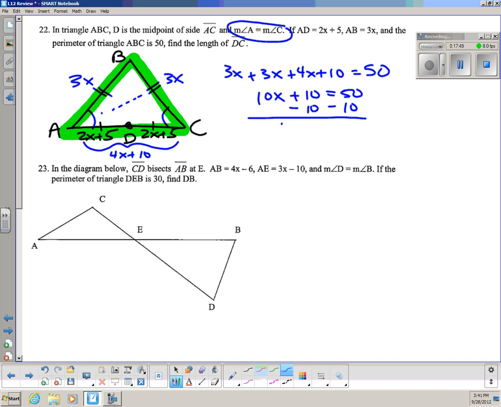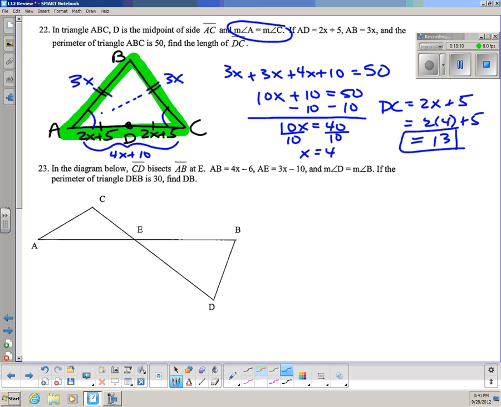Subtract 10 on both sides. 10x equals 40 divided by 10. X is 4. If x is 4, I'm looking for the length of DC. Well, DC is 2x plus 5. And so DC is 2 times 4 plus 5, which is 13. And that's it.